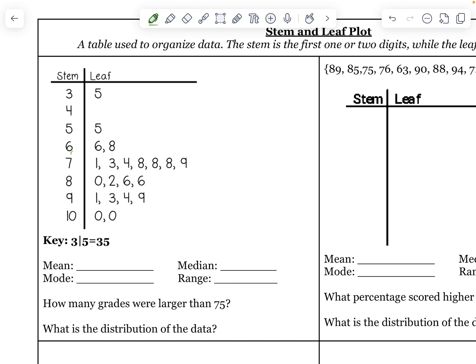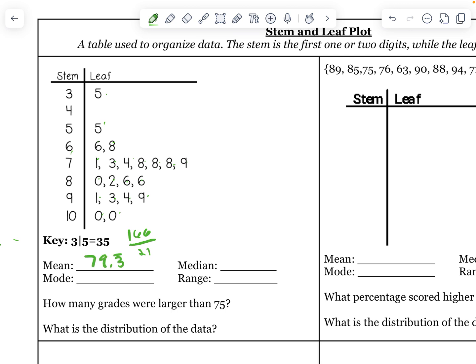Sorry, y'all should have done this before. 86, 86, 91, 93, 94, 99, 100, 100. All right, so I got 1566, and there are 20 numbers. Hopefully I did this right because I'm doing it on the fly. So my mean is 79.3.